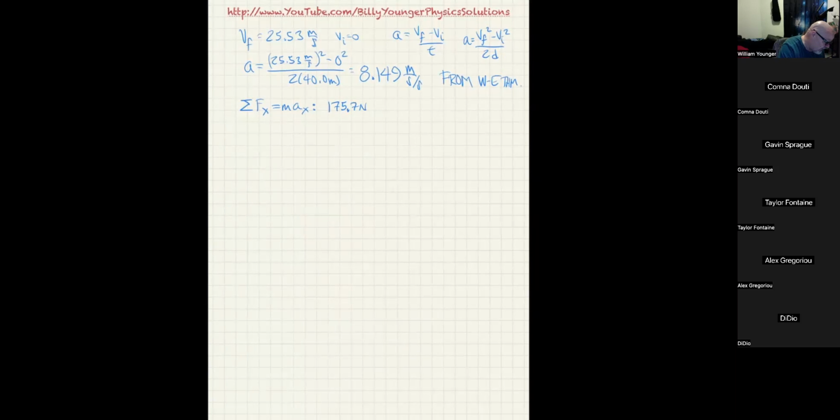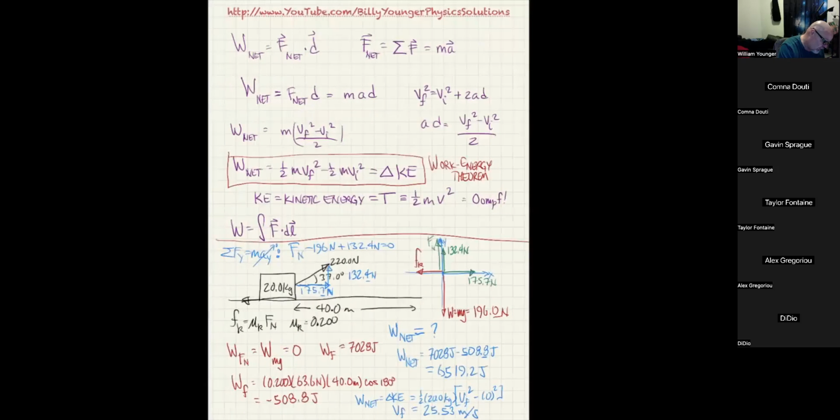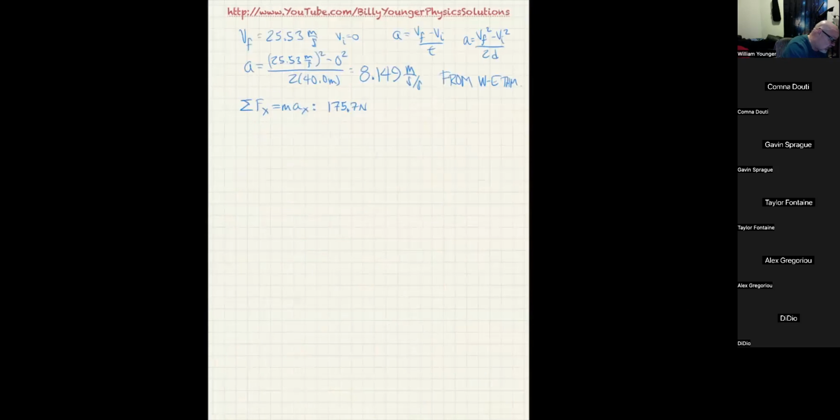I also have a friction force, which I think was 12.72 newtons. I did not write that down here, so I'm going to go ahead and calculate it really quickly for you guys. So minus, remember the friction force is in fact mu k times the normal force.